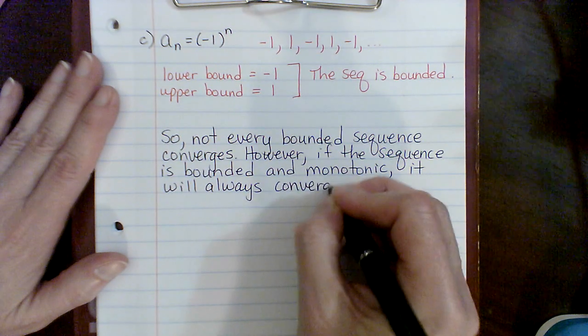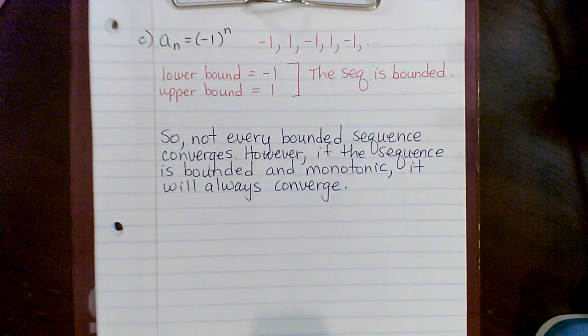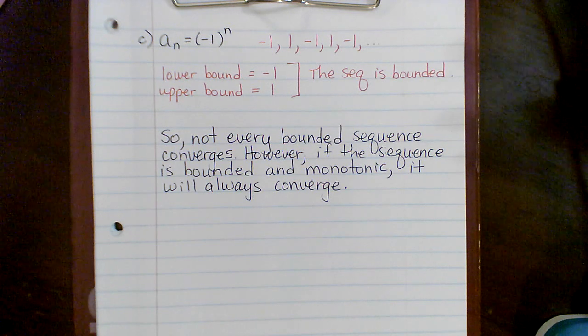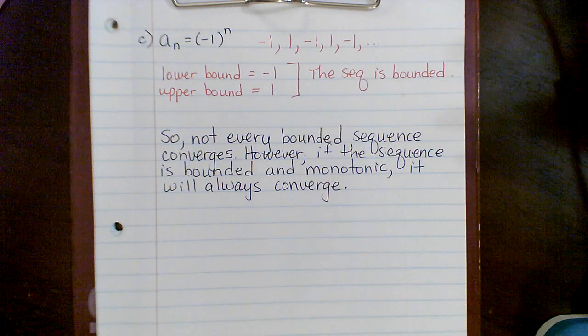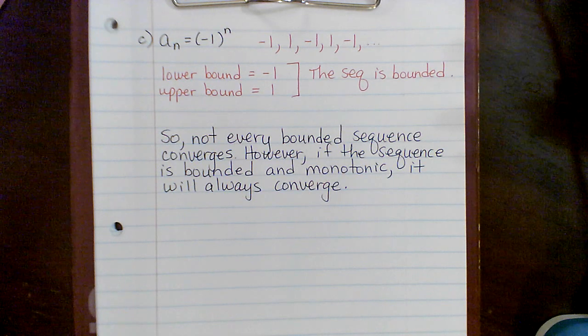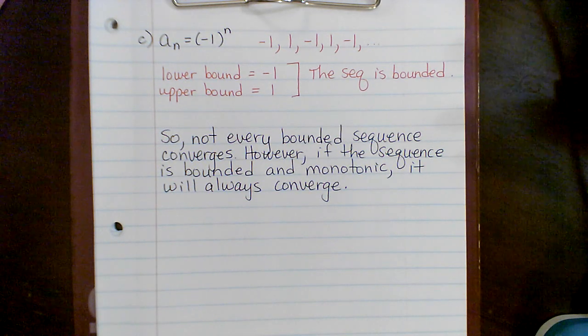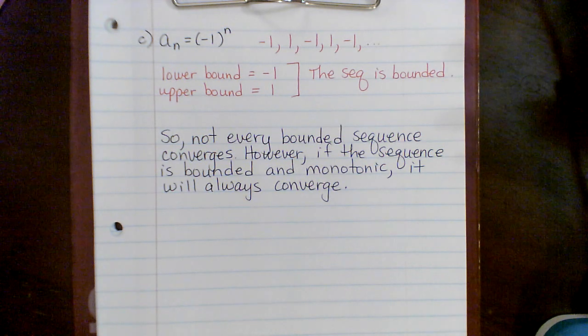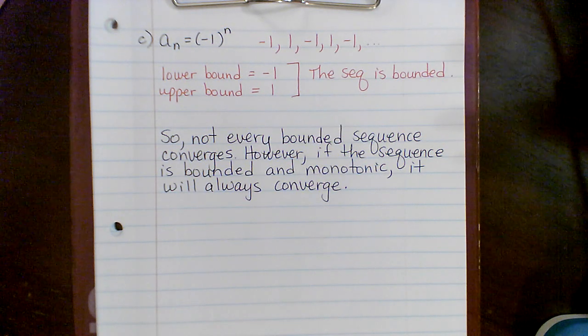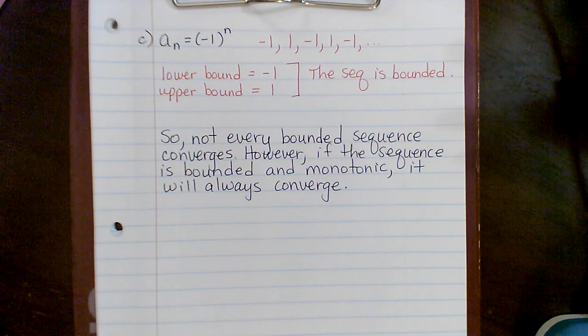So remember, monotonic was a way of saying that it was either non-increasing or non-decreasing. So if it's bounded and non-increasing or non-decreasing, then it's going to converge. So that's a really nice result for us.